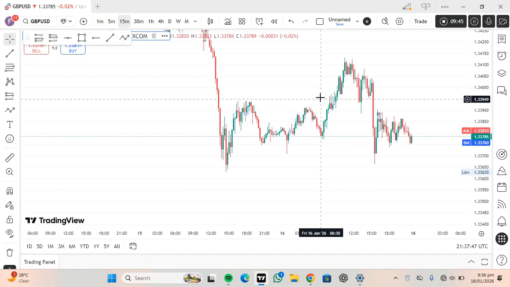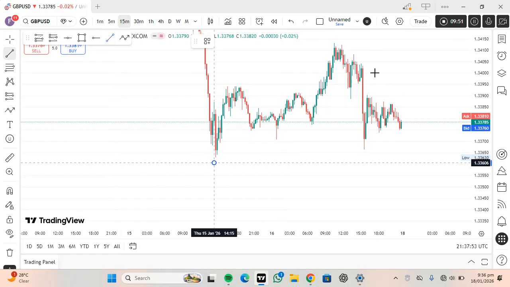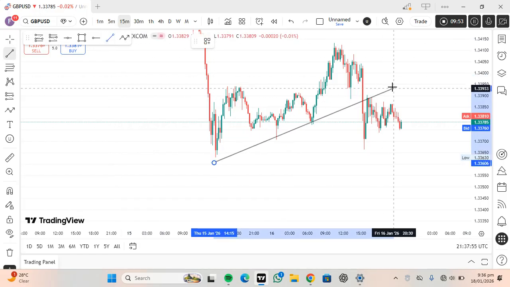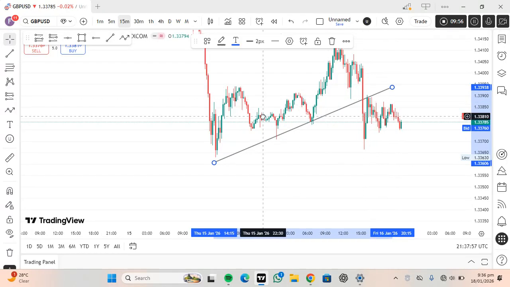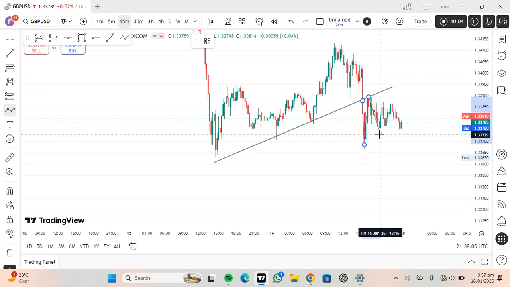Let's say I was to take this trade on Friday, I would have sold. I would have drawn a trend line here, knowing that the market is bearish. When price broke it, I would have waited for this retest. Then I'd sell.